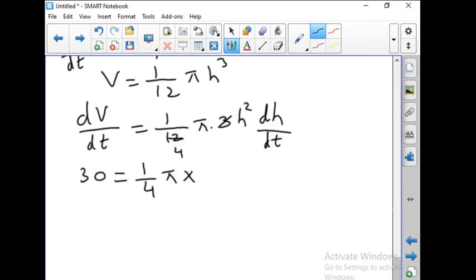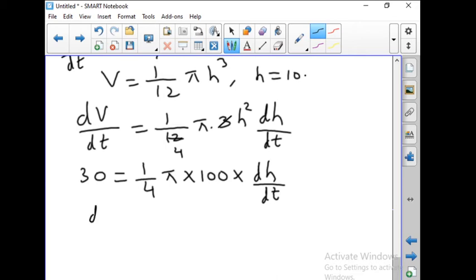Therefore, h is equal to 10 meters. Therefore, this is 100 into dh by dt. So h is equal to 10 is given at the last part of the question.